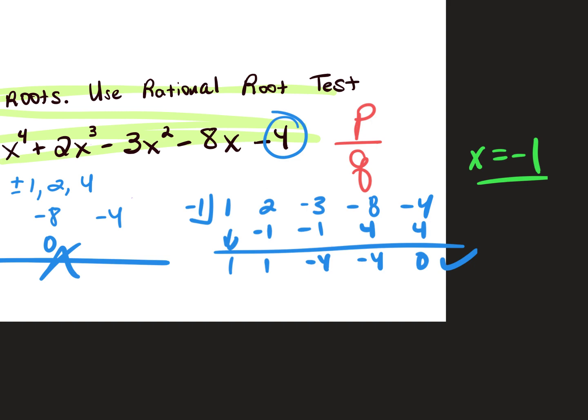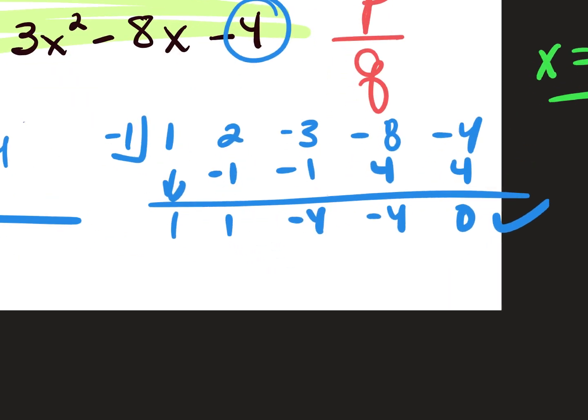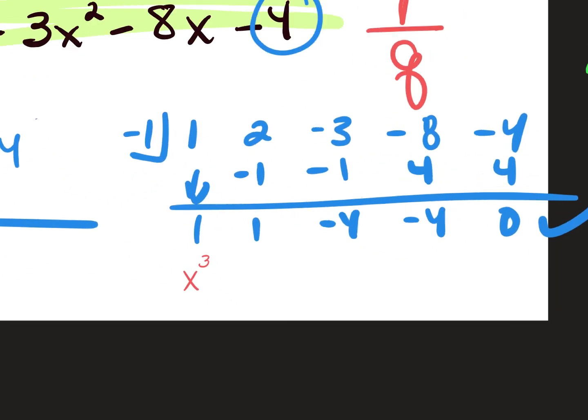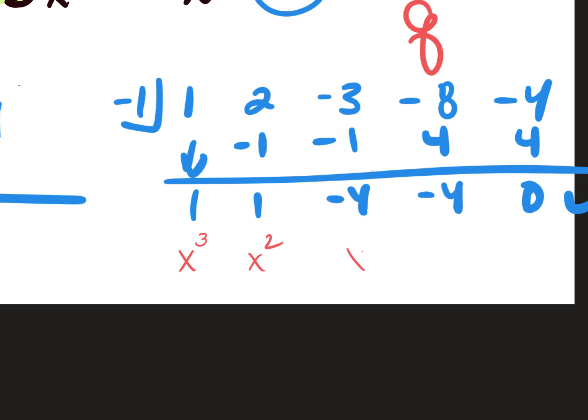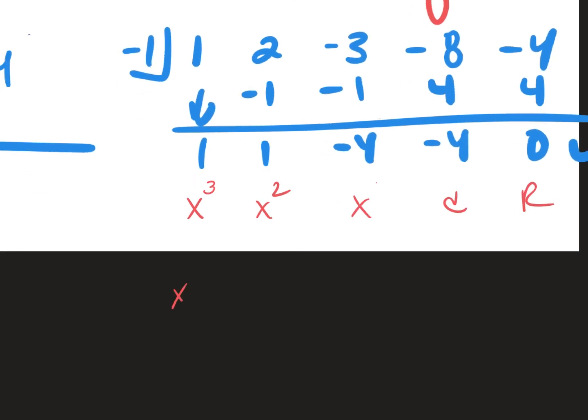So what do we have left over here? X what? Cubed, squared, x, constant, remainder. So I have x cubed plus x squared minus 4x minus 4 equals 0. Can we factor this?